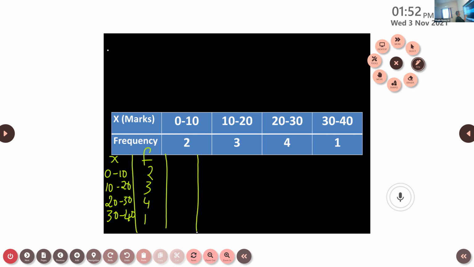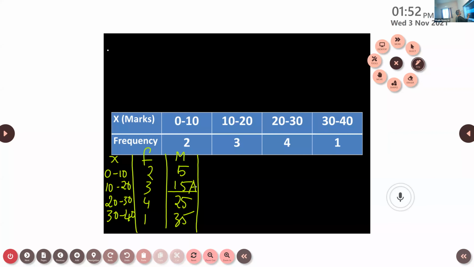You know very well, you found the mid values in the previous question, that is 5, 15, 25, 35. Now here the next one is a little bit different. Here we are assuming one number as assumed mean. So we can take 15 as the assumed mean.